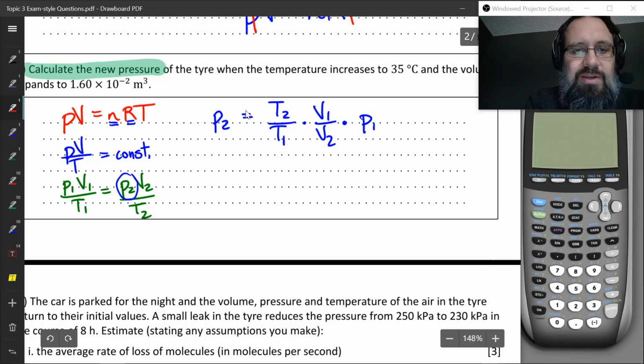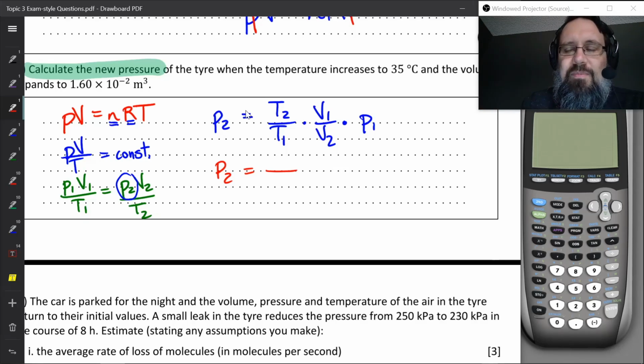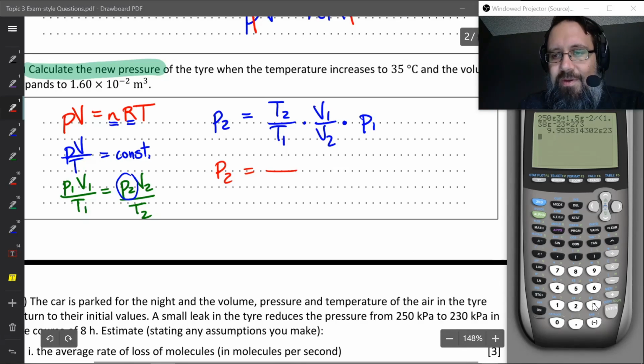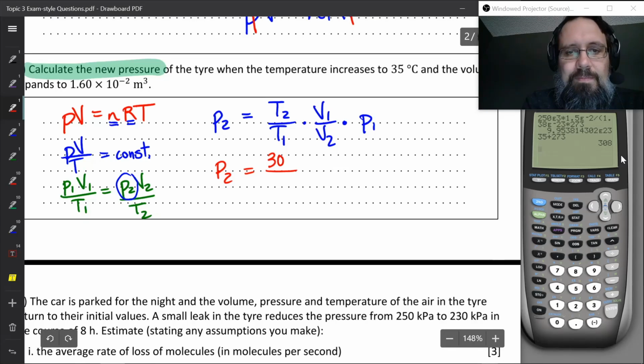So the new pressure is going to be equal to the new temperature, which is 35. Well, actually, it's 35 plus 273. So let's figure out what that is. 35 plus 273, so the new temperature is 308. The original temperature was 273.